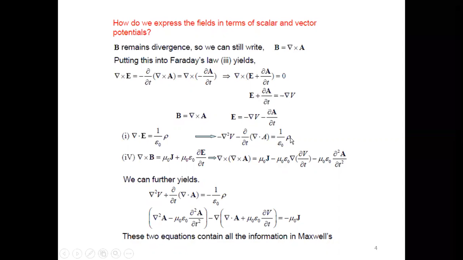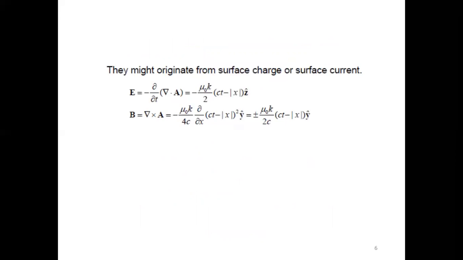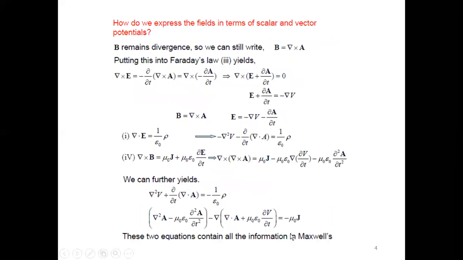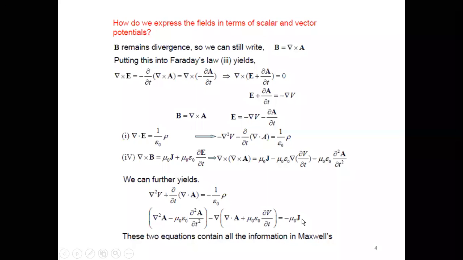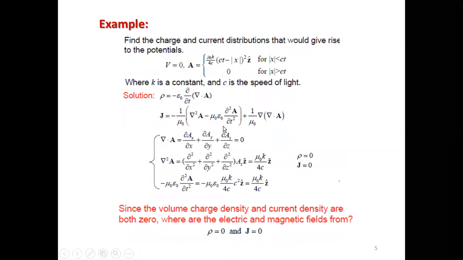So what will be the value of rho? Rho equals to minus epsilon naught dou over dou t of divergence of A. And similarly, from this equation, put V equals to 0, so this term will become 0 here. So you will get the value of J equals to minus 1 by epsilon 0 this. Okay, so this is the value of J.